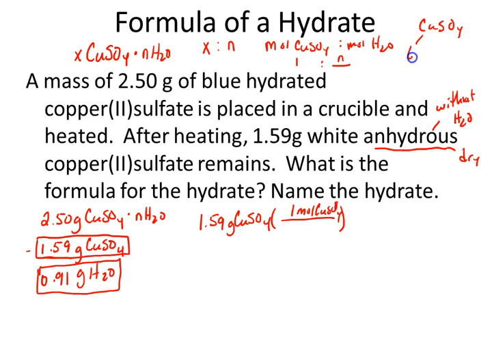CuSO4 is 63.5 grams per mole, 32.1 grams per mole, and this would be 16 times 4, which is 64 grams. So that gives 63.5 plus 32.1 plus 64 adds to 130.6. That is not correct.